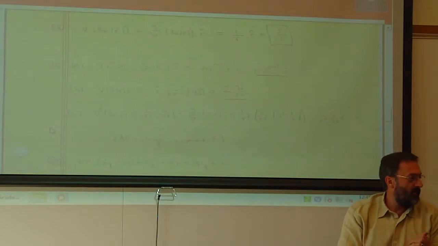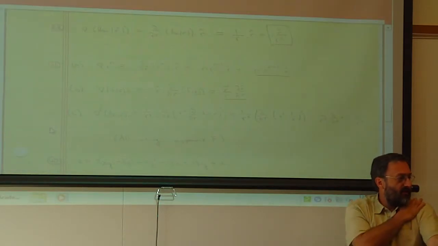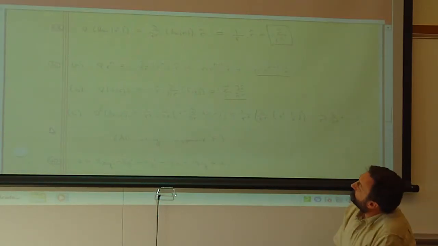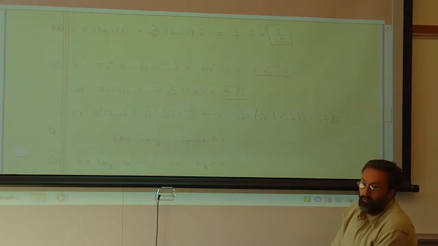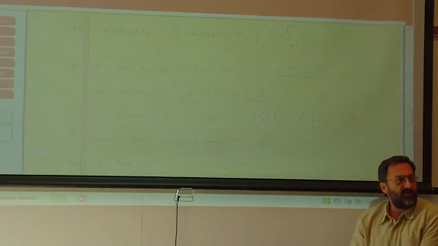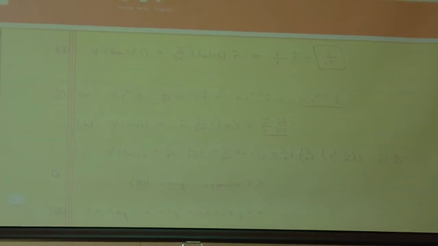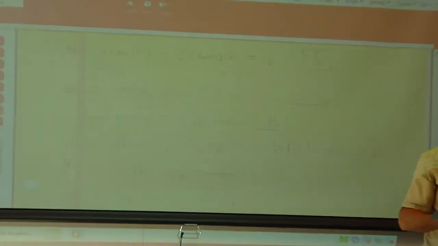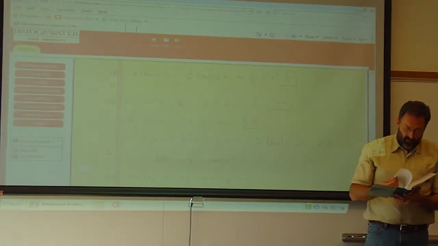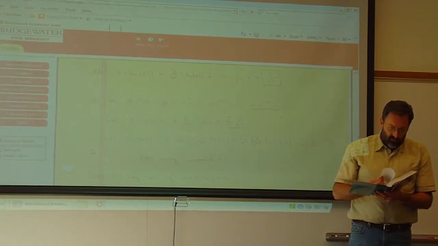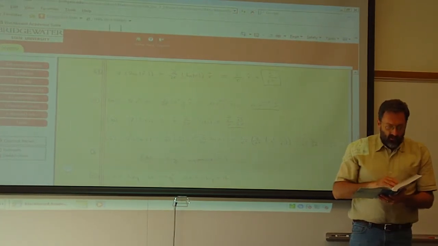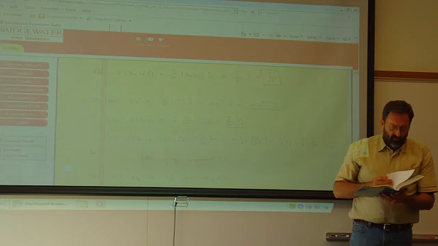So we have to take gradients in r-like things, and it's best to do in non-Cartesian coordinates, right? So if you look in Appendix F of your book, there are the rules for taking gradients, curls, Laplacians, and divergences in non-Cartesian coordinates.